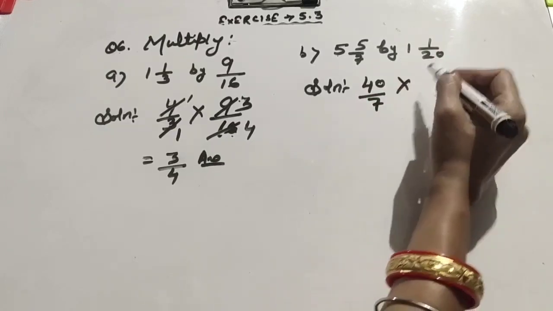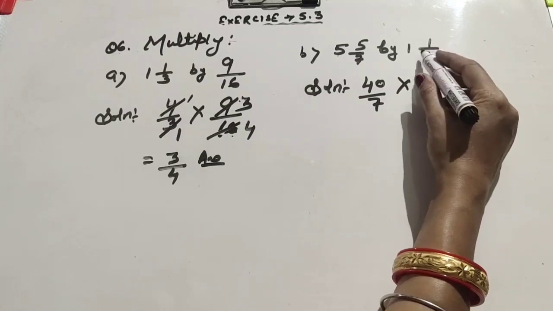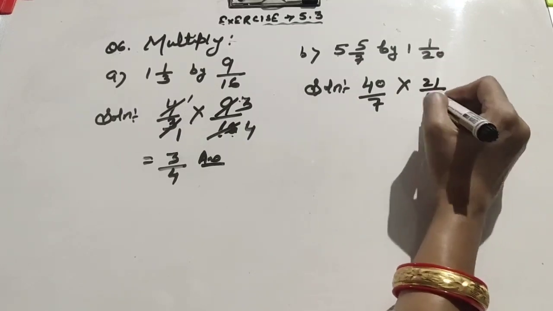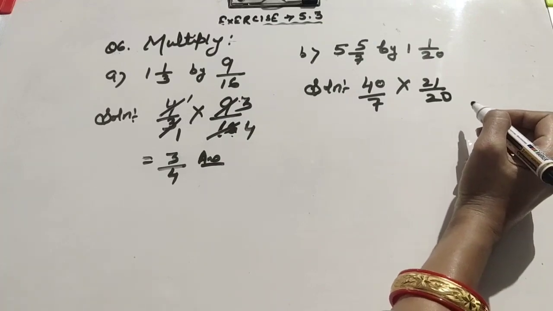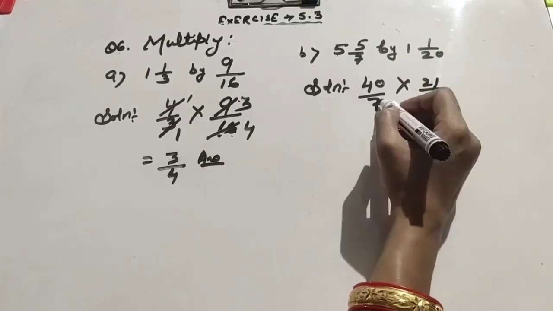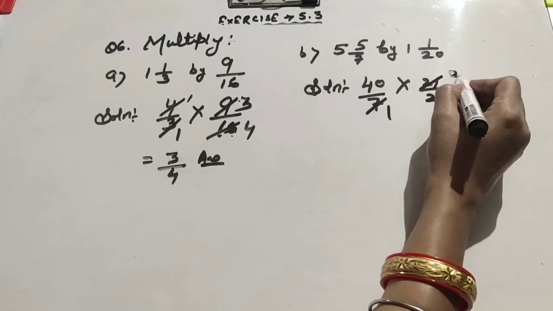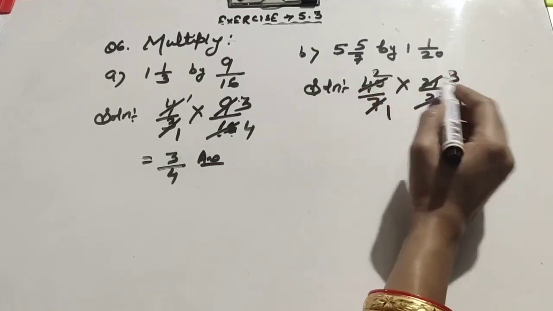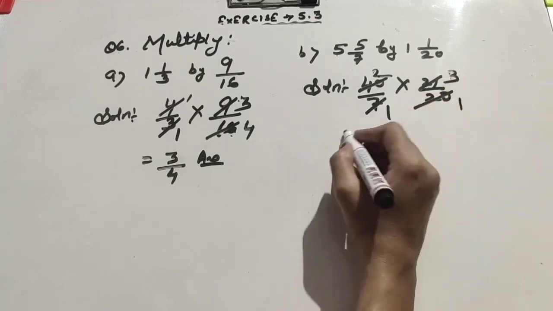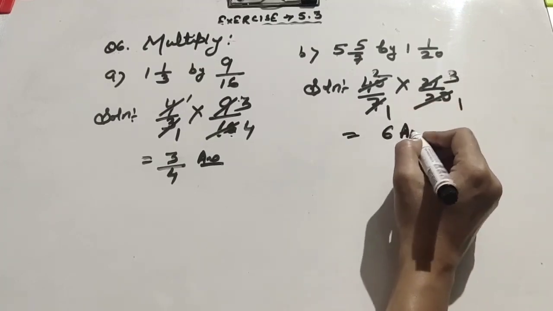By means multiply, 21 is 20 plus 1, 21 by 20. So in the 7 table, 21 will cut 3 times, in the 20 table, 40 will come 2 times. So 3 2s are 6 is your correct answer.